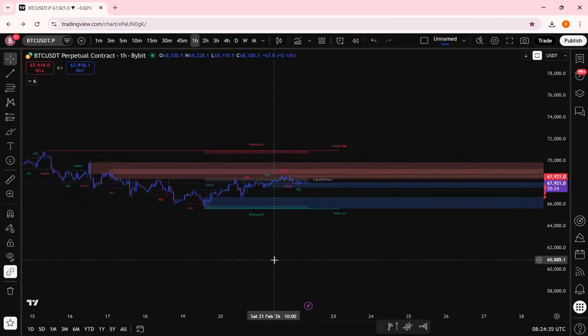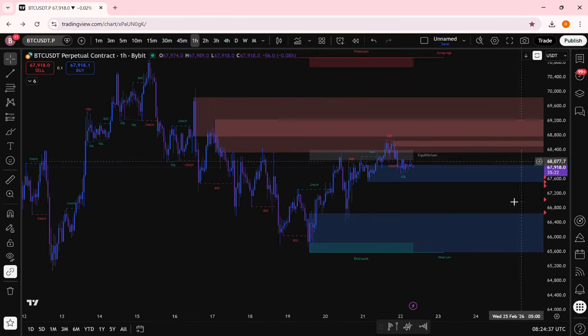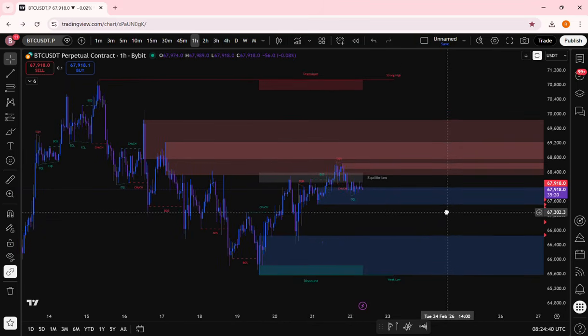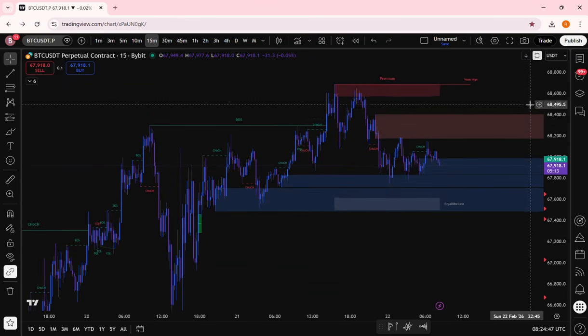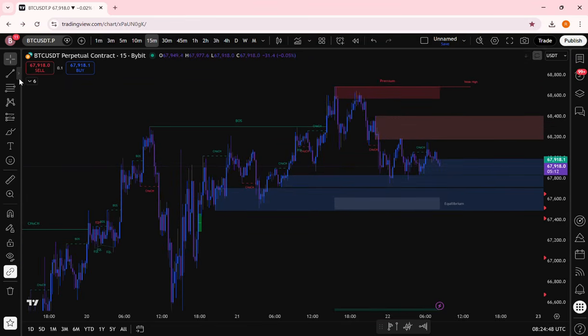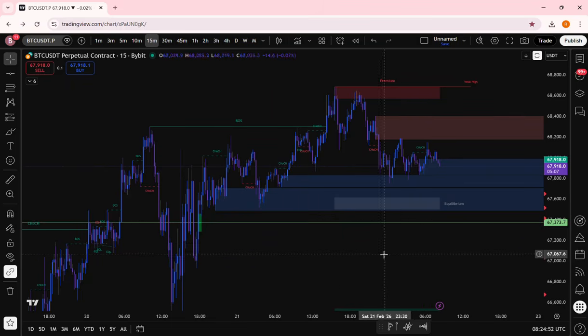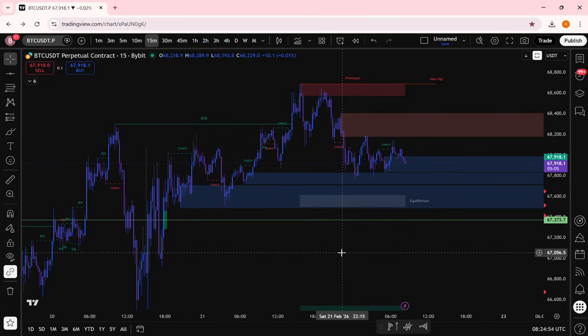However, for day trading, there's something important that I would like to cover, and that's fair value gaps. Let's go to the 15 actually, we can see that there is a fair value gap right here. So what is a fair value gap? A fair value gap is when we had inefficiency in that candle or price range.